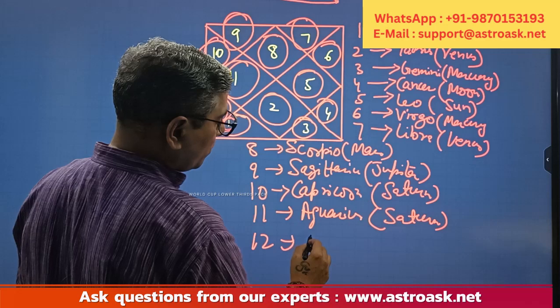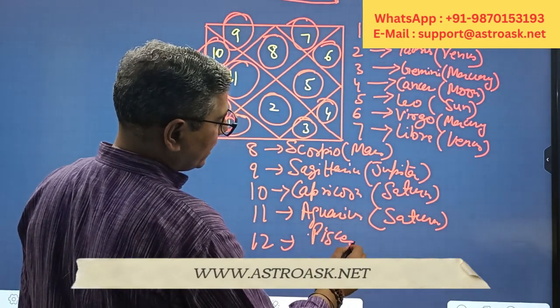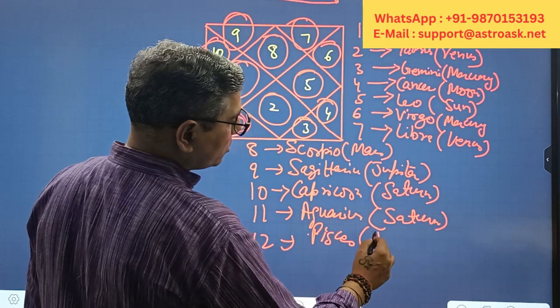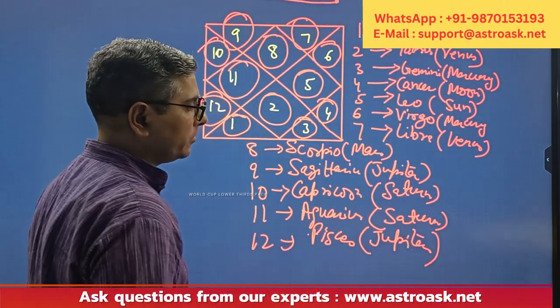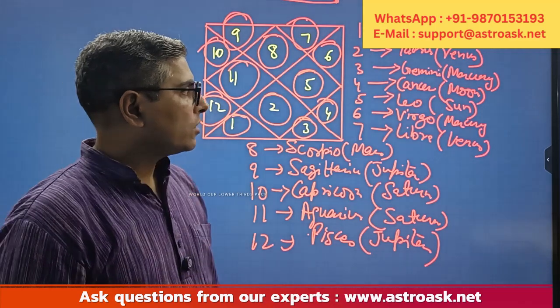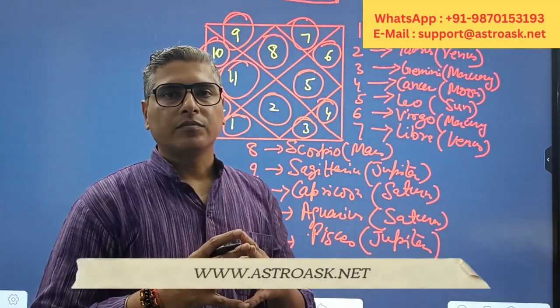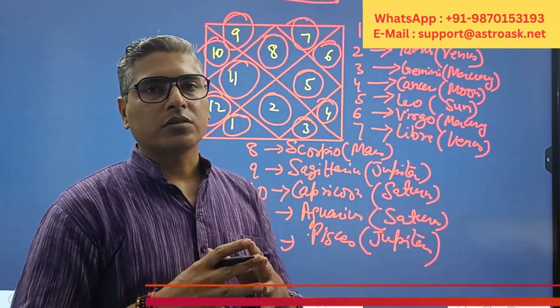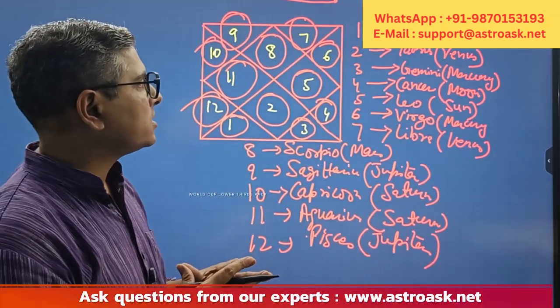The 5th house belongs to Pisces. Number 12 is Pisces here, and the lord is Jupiter only. So I think the concept of the houses and the lord of each house will be clear after these particular details. So let's understand it again.